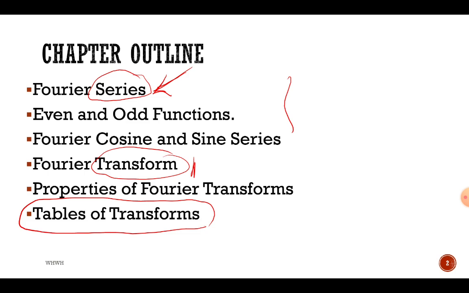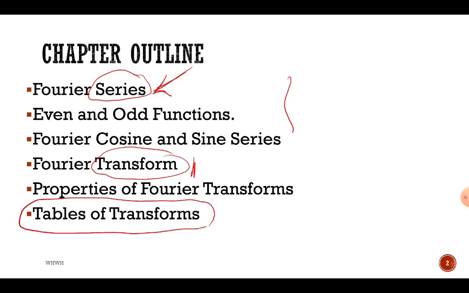Another thing: kalau macam chapter 3 saya cakap kita perlu belajar Laplace transform sebab dia diperlukan as an alternative for us to solve the ordinary differential equation. Yang Fourier ni pula, kenapa kita perlu belajar? Sebab in the upcoming chapter 5, kita akan guna Fourier ni as part of the solution untuk kita selesaikan partial differential equation.